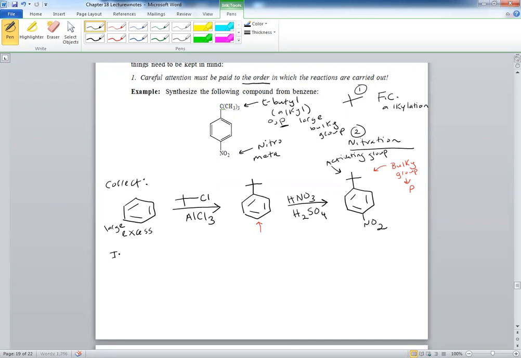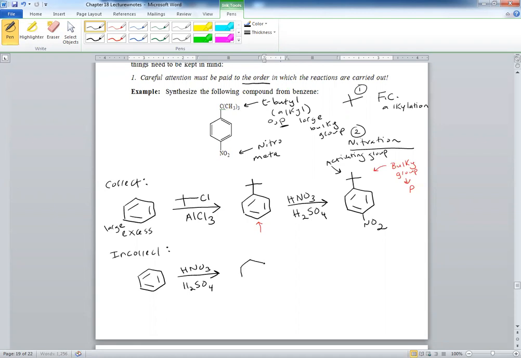The incorrect way would be the following. Say, okay, let me add the nitro. And for some reason, sometimes students love to start with the nitration. Not everybody. It's okay, it's a process of learning. And then they would do the following.